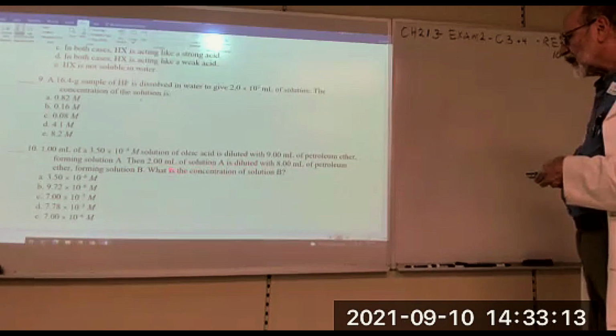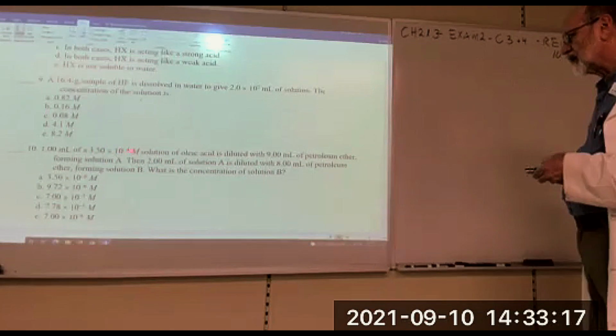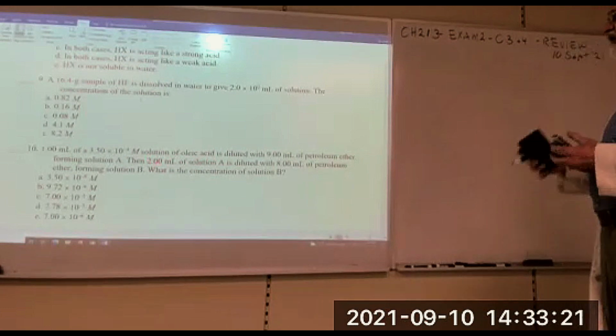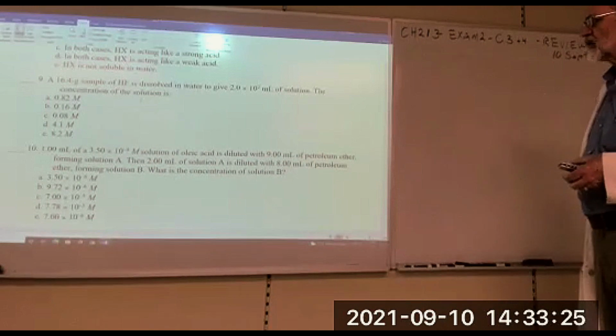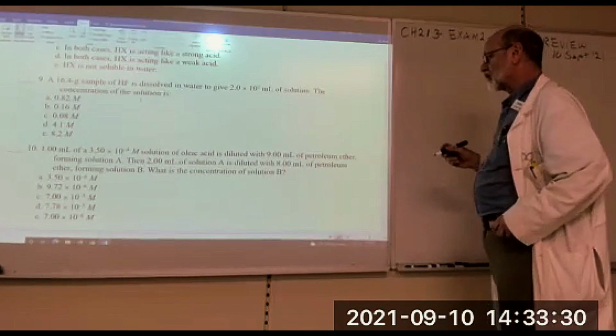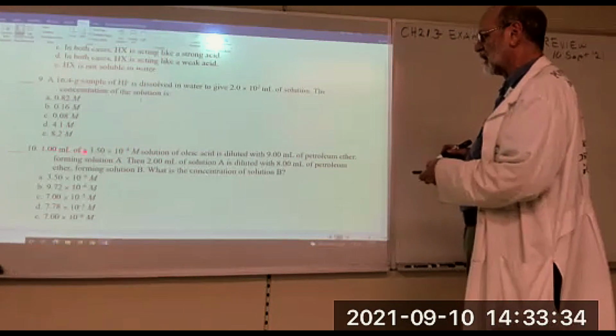Well, you have 3. Oh no, it's a sequential dilution. I'm sorry. Yeah, it's a sequential dilution. So let's make a picture out of that. You're starting off with this molarity of solution, and you're taking 1 milliliter of it.